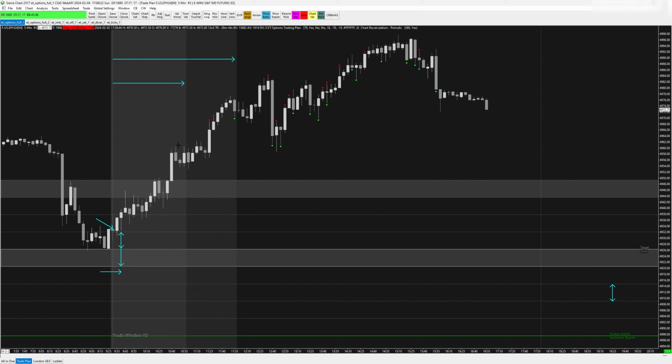Because I know that there is a high risk that the market will reverse somewhere here, or just after the end of the trade window. So I will probably chicken out and get out here. That is something I'm for sure going to do.